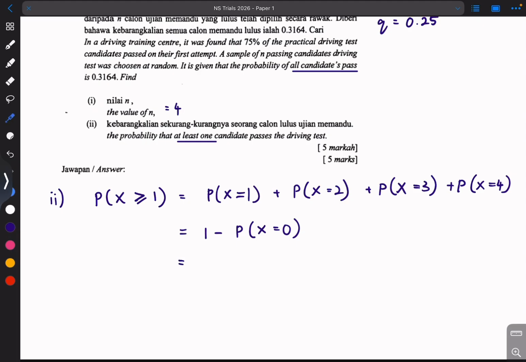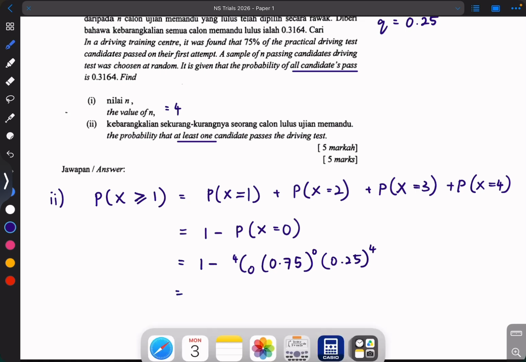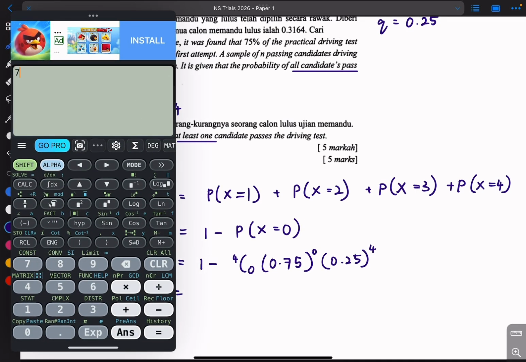Okay, so we don't have to do 4 times lah. You just do once, and then the whole probability minus 0, we will get this form. So 1 minus nCr p to the power of r, q to the power of n minus r. So 4C0 times 0.75 power 0, times 0.25 power 4.